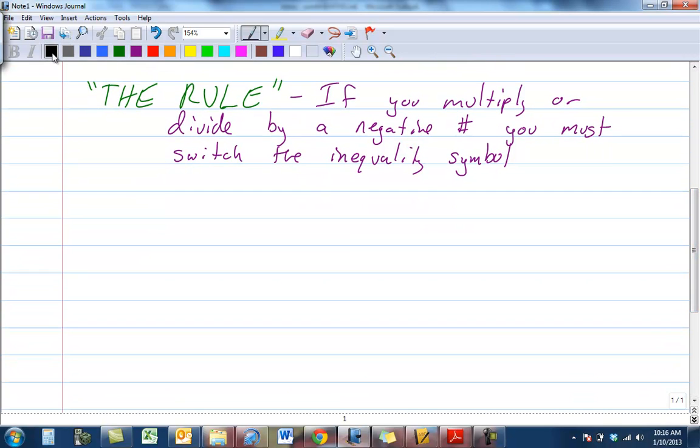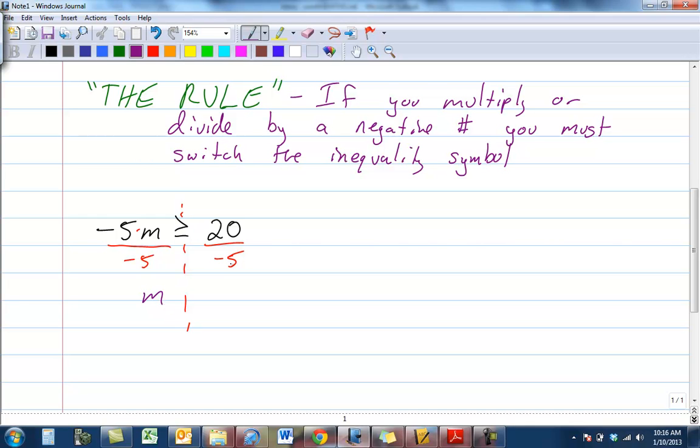Let's do an example of this. How about negative 5m is greater than or equal to 20. So this says negative 5 times m. What would we do to get m by itself? We would divide by negative 5 on both sides. So the negative 5's cancel. You're left with m. Now here's the thing.